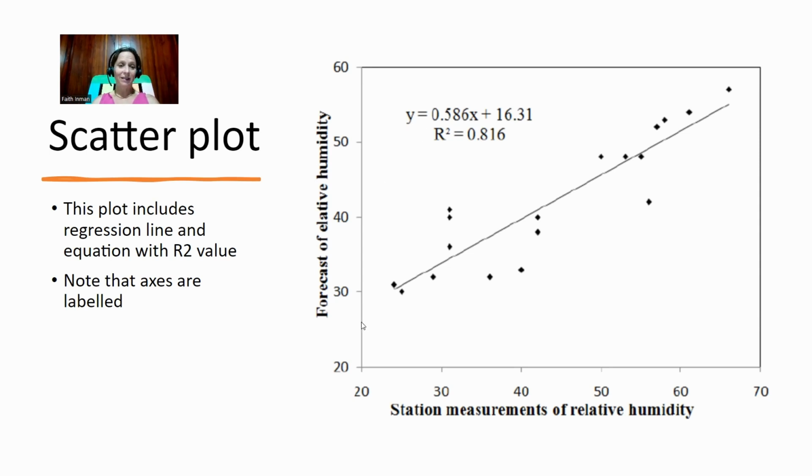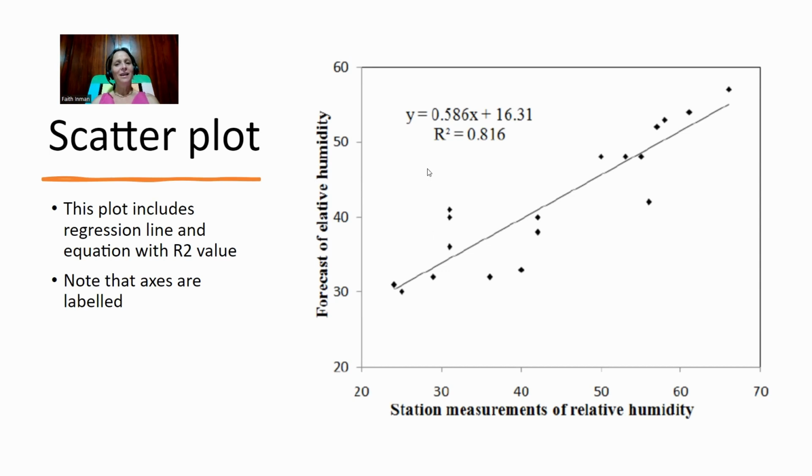So y, that's your forecast of relative humidity, your vertical axis, is equal to 0.586 times x, your station measurements of relative humidity, plus 16.31. That's the intercept, the place where if you continue this line along, it would intercept the y-axis at 16.31.